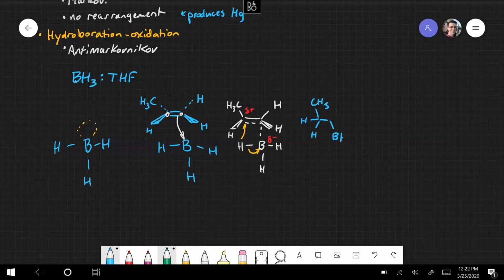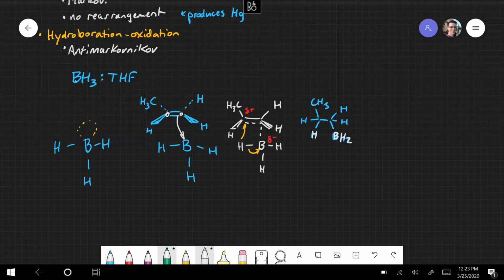This is BH2 now, and hydrogens. Okay, so effectively, the BH3 added across that double bond. One of the new hydrogens came from the BH3, and the BH2 is all that's left. Okay.